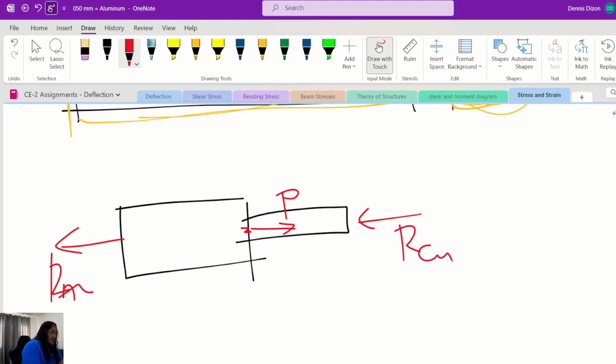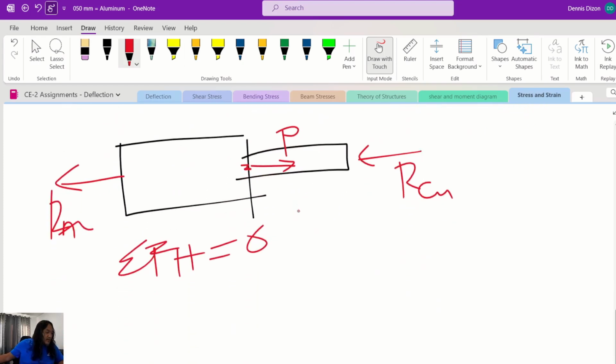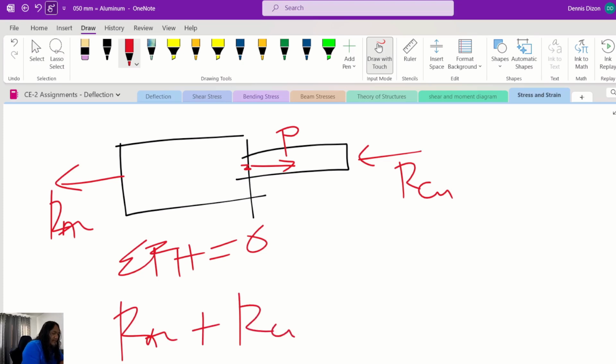And then you have that equation, the summation of forces horizontal is equal to 0. Therefore, reaction at aluminum plus reaction at copper is equal to the force, which is 800 Newton, or 0.8 kilonewton.